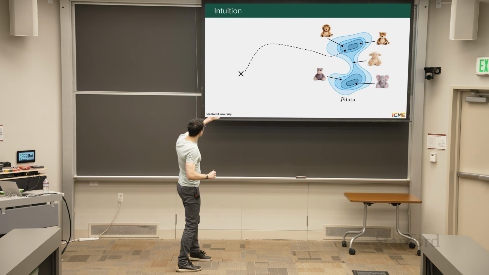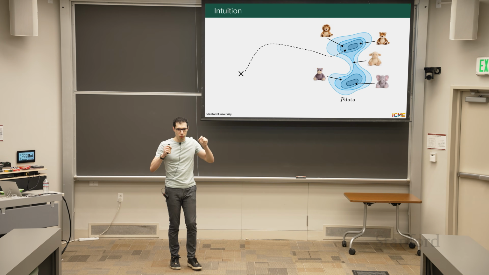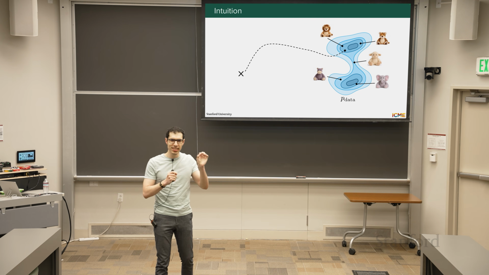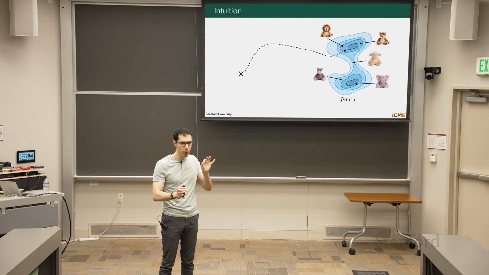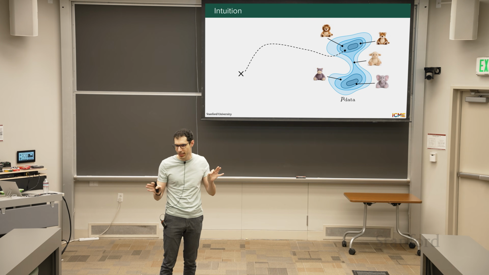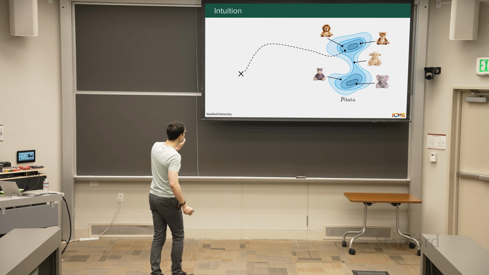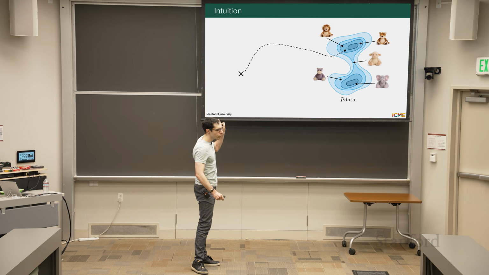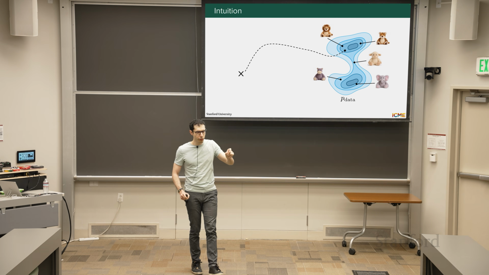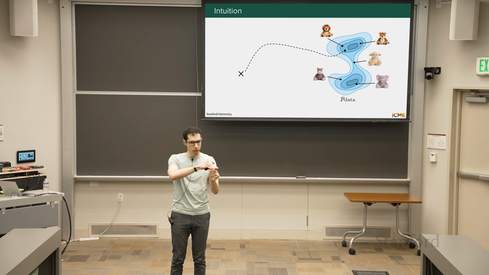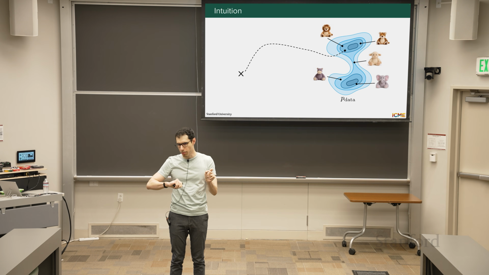Here, this cross represents maybe an observation that we can sample that is not part of P data, but part of a distribution that is easy to sample from, let's say Gaussian noise. Given that, what we're wondering is: is there a way to go from something that is easy to sample towards something that is hard to sample?